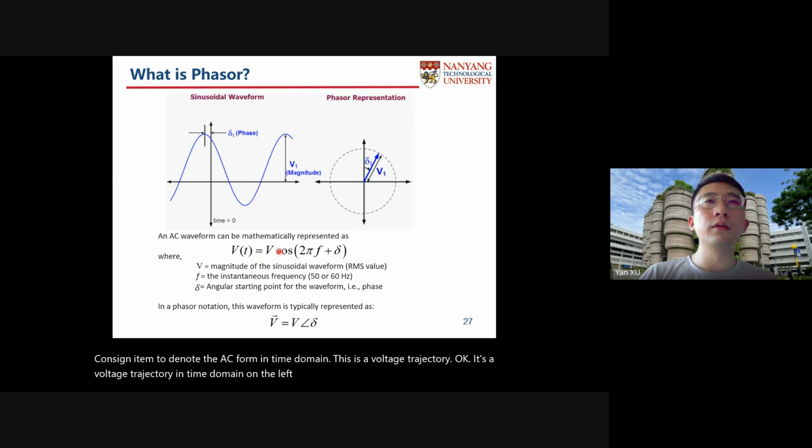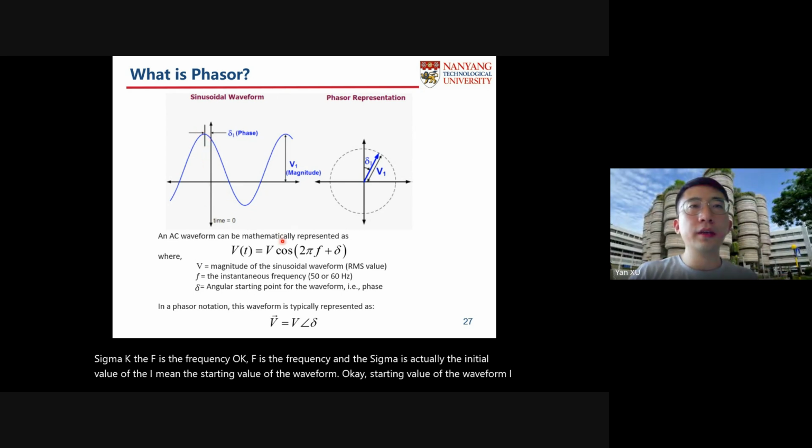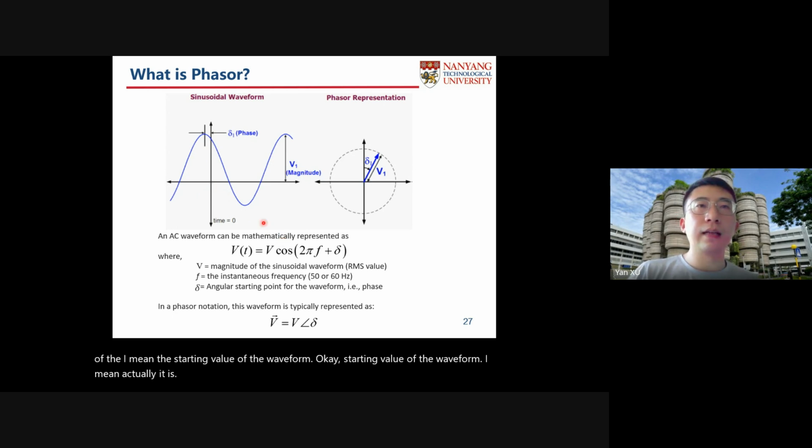It can be denoted as a magnitude V, the maximum value of this sinusoid waveform, times the cosine item, 2 pi f t plus sigma. The f is the frequency, and sigma is the starting value of the waveform, actually the angular starting value.